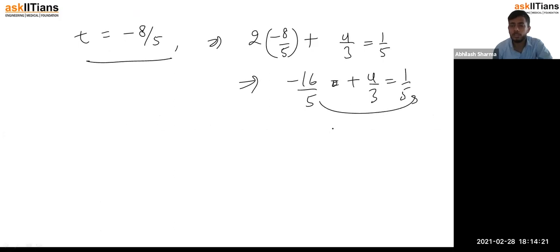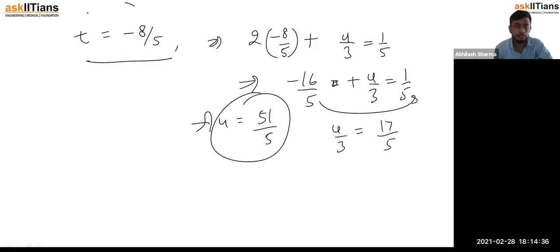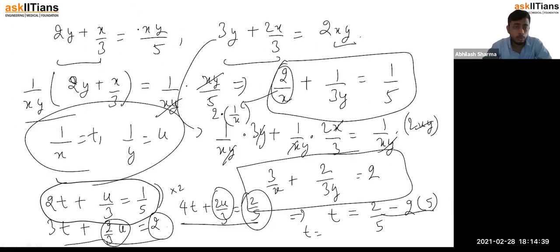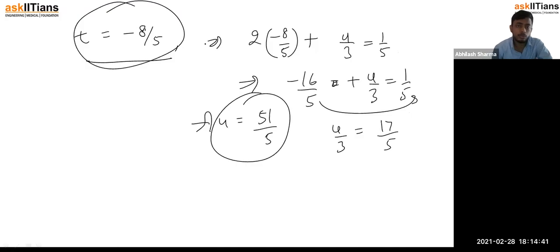If you send it here, you are getting u by 3 is equal to 17 by 5, I think. Yes, because 1 plus 16 will be 17. So u we are getting as 51 by 5.